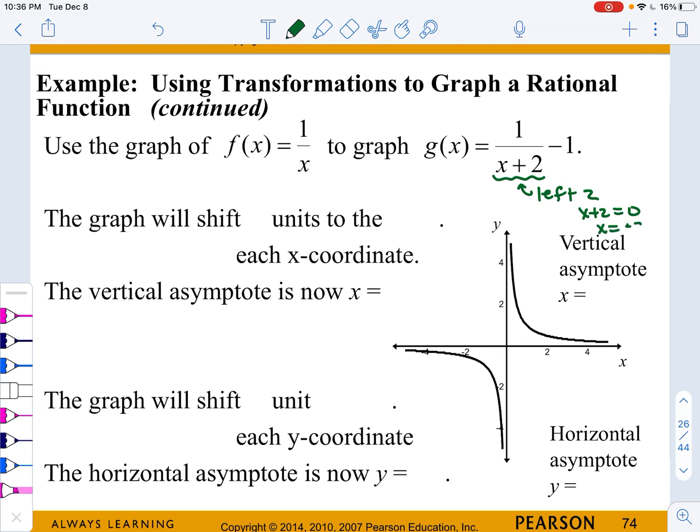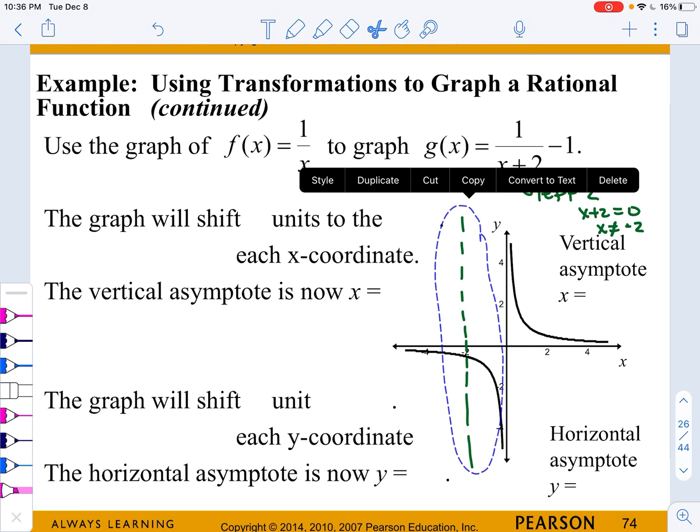That means x would equal -2, which means that it cannot equal -2 because that's where that asymptote is going to be located. So it's going to shift that asymptote over to the left 2 spaces. So if originally my vertical asymptote was through 0, all that's going to do is take that and shift it to the left 1, 2 spaces, and drop it down.